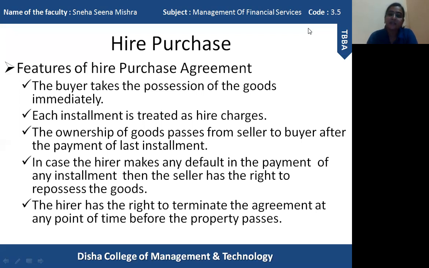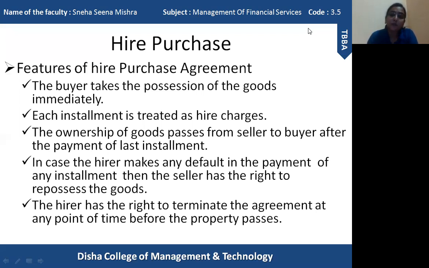So the 5 installments already paid by the buyer will not be returned by the seller. Whatever installments the buyer has paid will remain with the seller only.